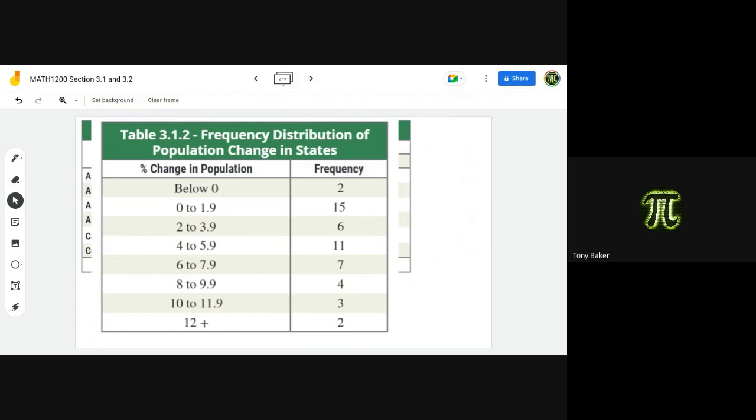So my classifications or classes are the change in population, which is what you said, but you were just going to list them all. We're now taking them and classifying them into groups. So below 0, 0 to 1.9, 2 to 3.9, so basically 2 all the way up. Every 2%, they're going to give us one. And then we count how many are in each of those areas.